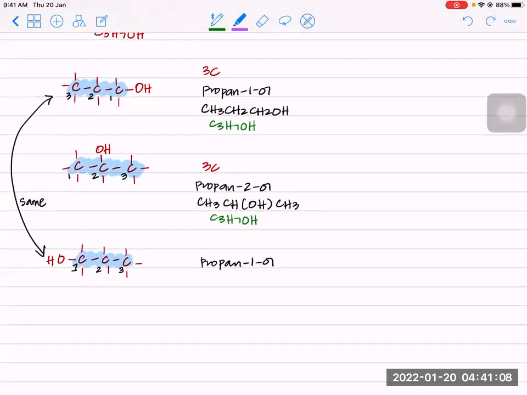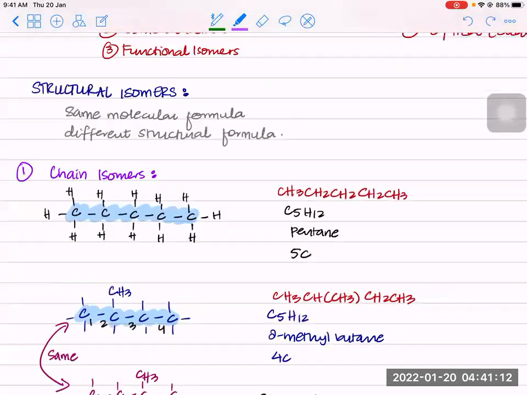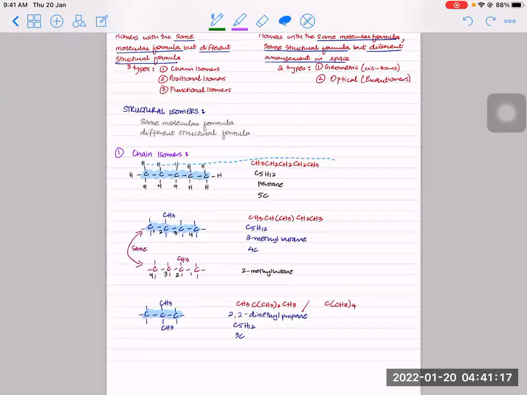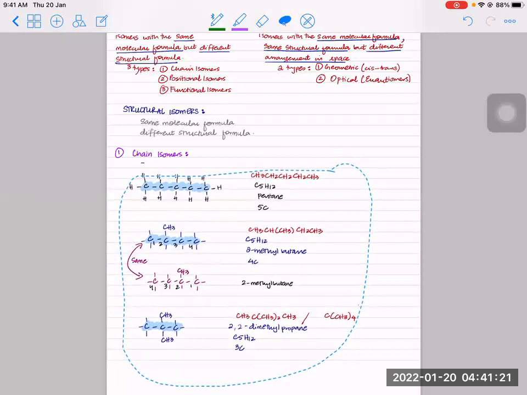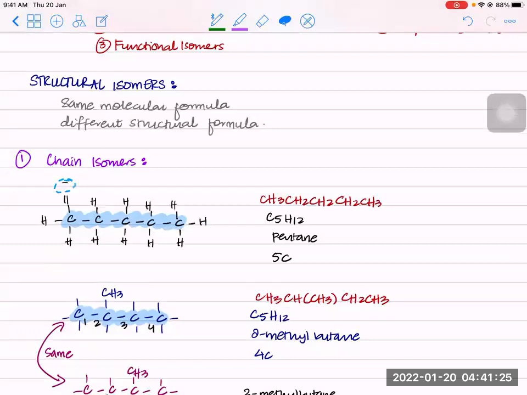Is this clear? So can I say in chain isomers, the structural formula is different because of the parent chain? Yes.